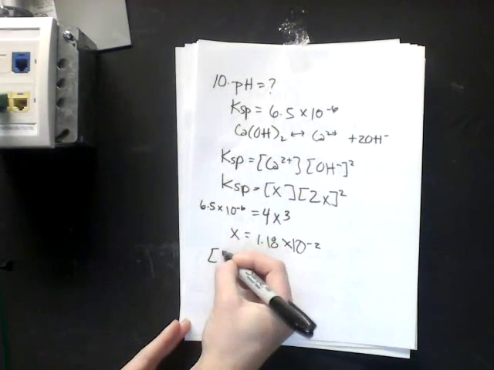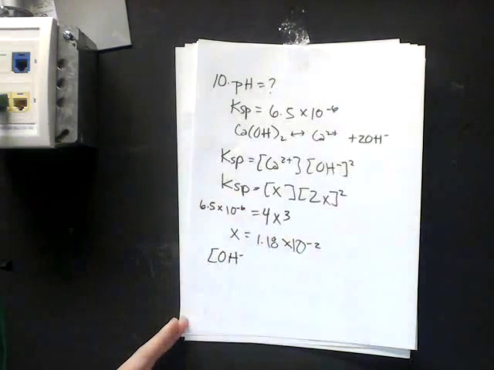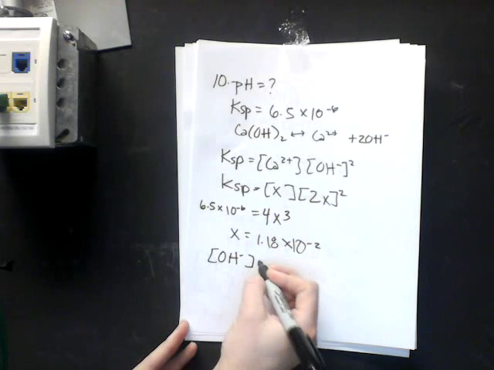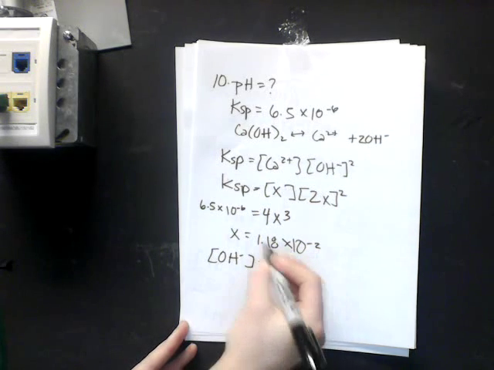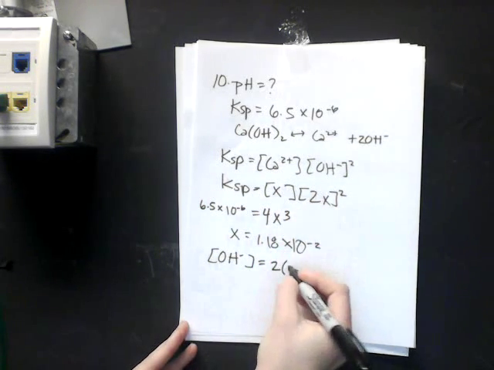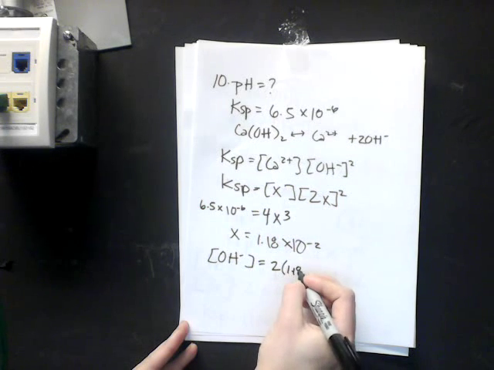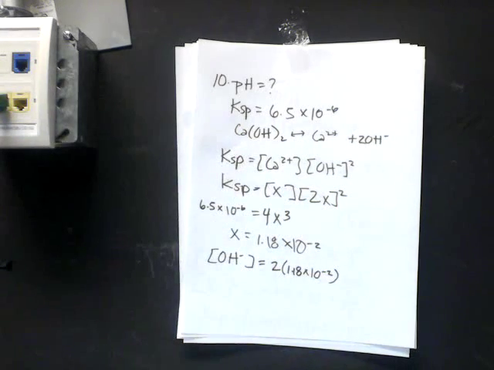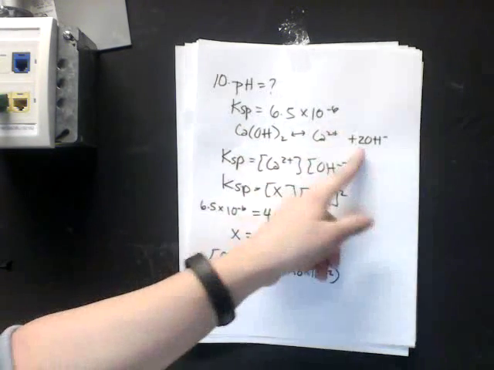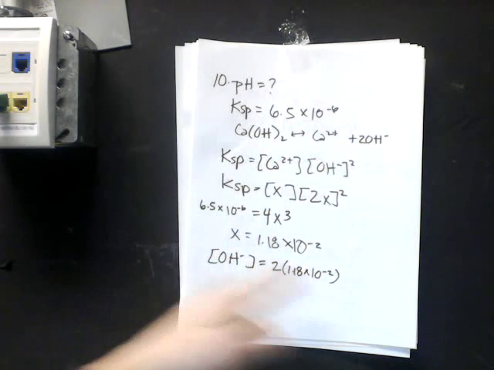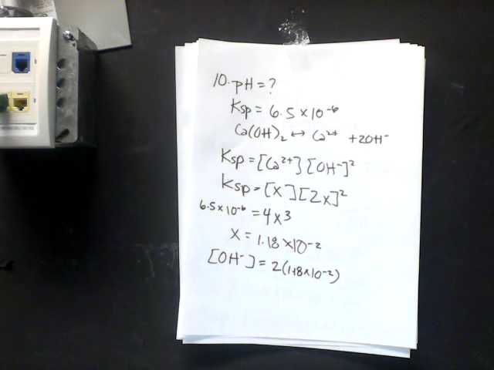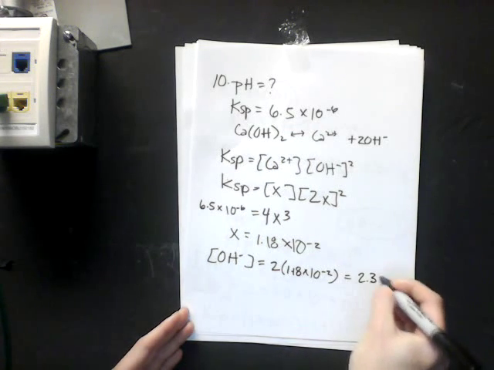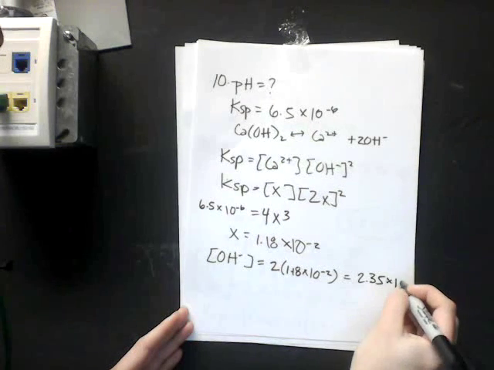OH's concentration, the biggest trick here, will be 2 times this number, 2 times X, 1.18, because we said there's 2 of them to every 1 calcium. So there's going to be 2 times that X, and that will give me 2.35 times 10 to the negative 2.